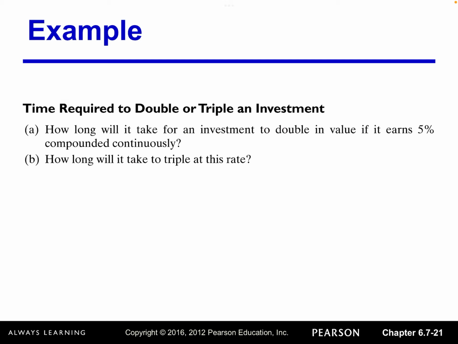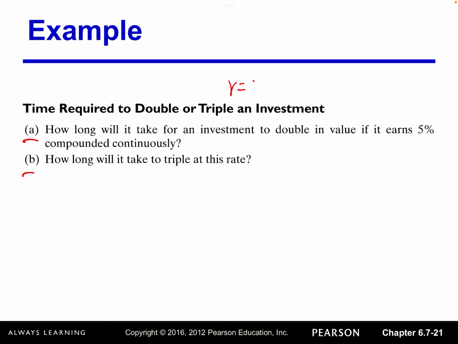And then the next example is very similar. There are two, and we're going to do them one by one. Part A says, how long will it take for an investment to double in value if it earns 5% compounded continuously? And part B, how long will it take to triple at this rate?